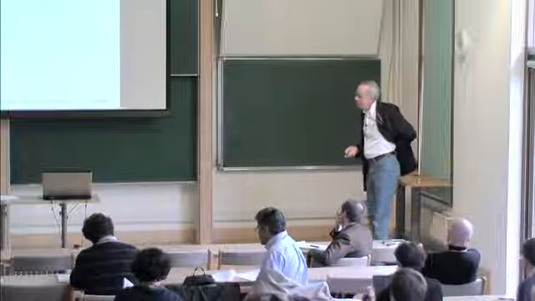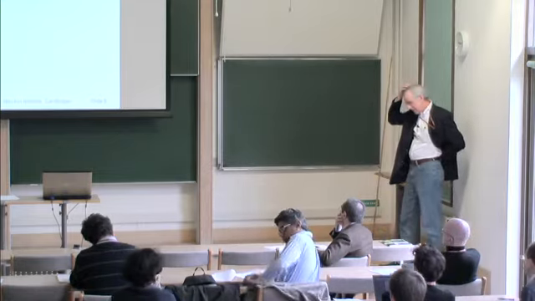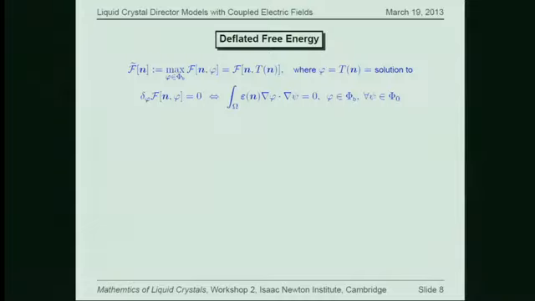And so from the physical point of view, I think the bottom line is that the director field has to minimize the free energy, and the electric field is in essence just slaved to the director field by the electrostatic equations that define it.